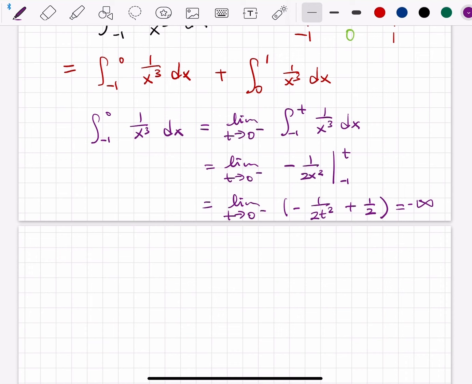And if we do the same thing on the other side, from 0 to 1 of 1 over x cubed dx, it's pretty much the same. We can just copy it, but this time t is approaching 0 from the right, the integral from t to 1 of 1 over x cubed dx. The antiderivative portion is exactly the same.